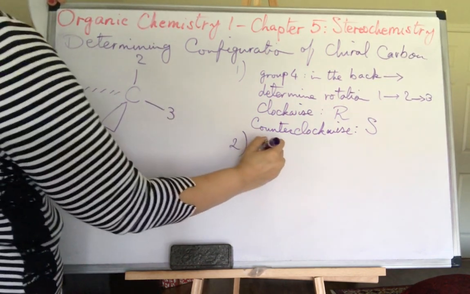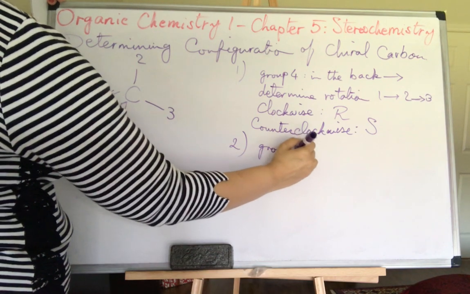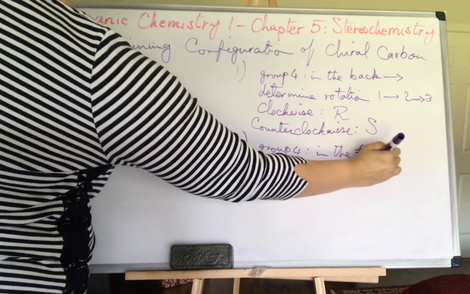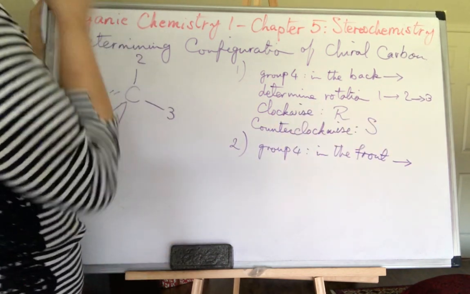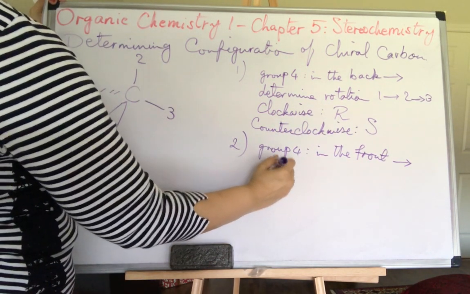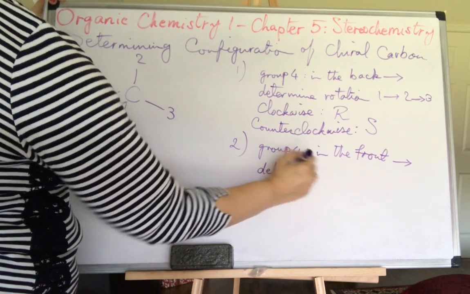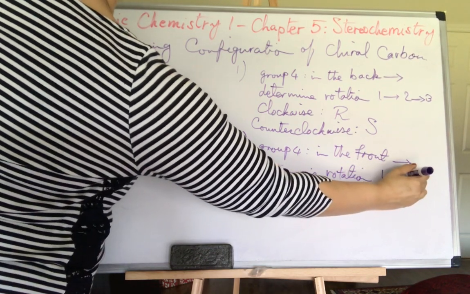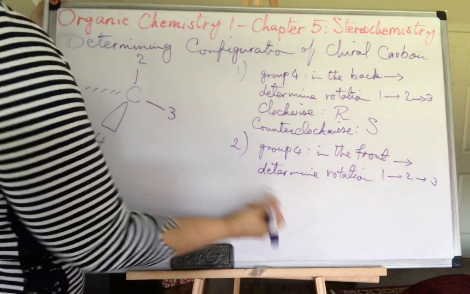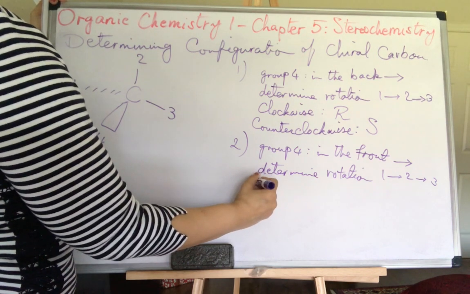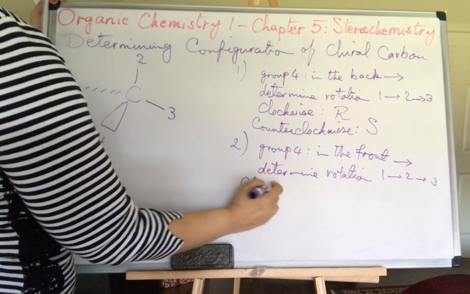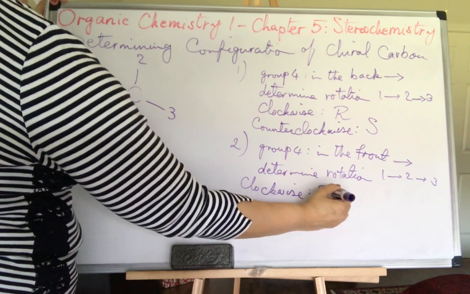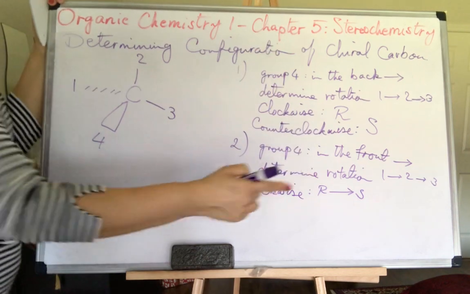If group 4 is in the front, then my way is to determine the rotation from 1 to 2 to 3. If you see it as clockwise R, it's actually S. Why do I say that?